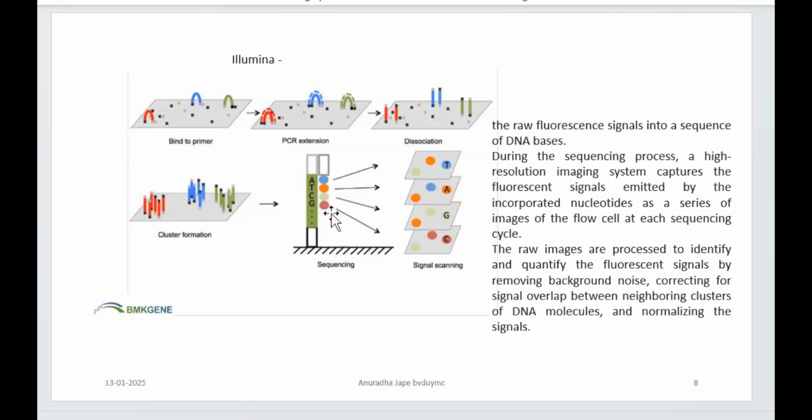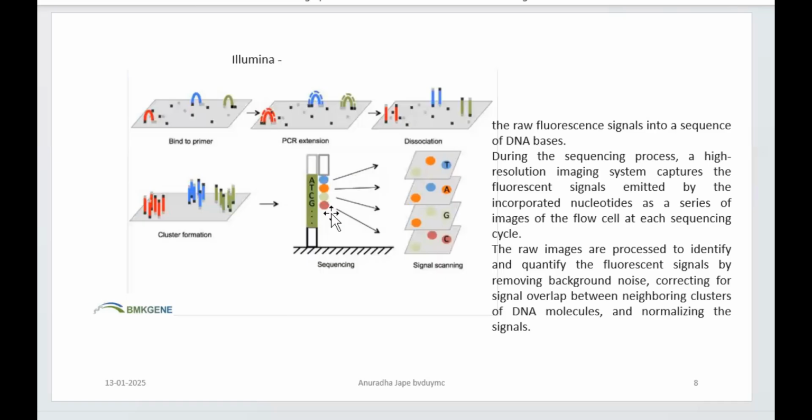So the signals which are emitted by the nucleotide that has got incorporated in the growing chain. So one signal for one nucleotide, that is how you are going to have a series of images, right? And that will tell you about the sequence in which it is going to get synthesized.